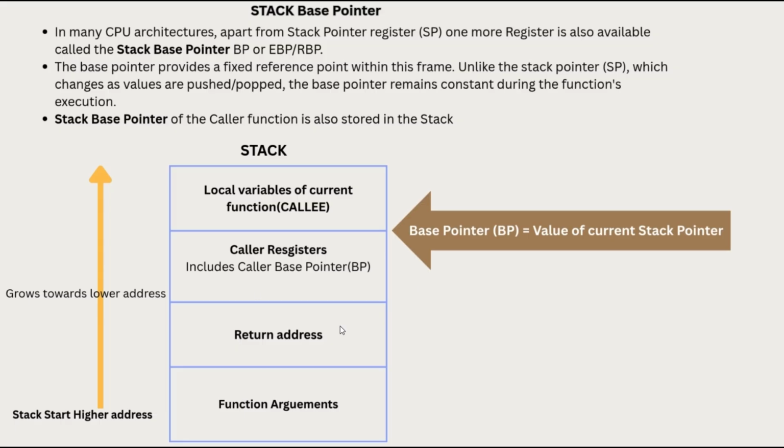Because the stack pointer is incremented and decremented when you push and pop, but you need to know where your local variables of the function started, so there is a base pointer to remember that address. We will see in later lectures how it happens. Arguments, return address, and some registers are stored first, and after that the local variables are stored. Your base pointer always points to the stack address where the local variables start. So that is the base pointer.